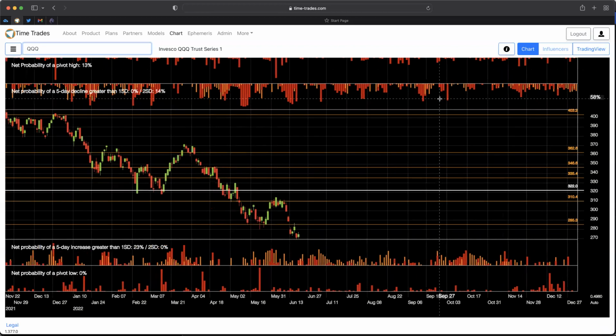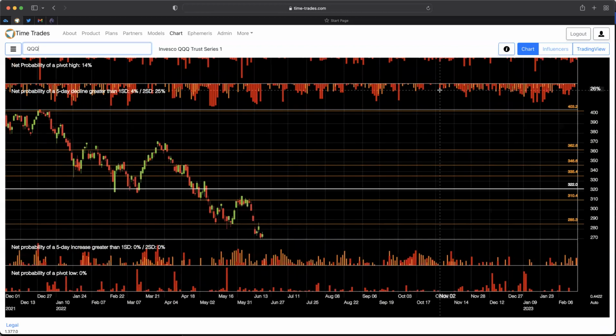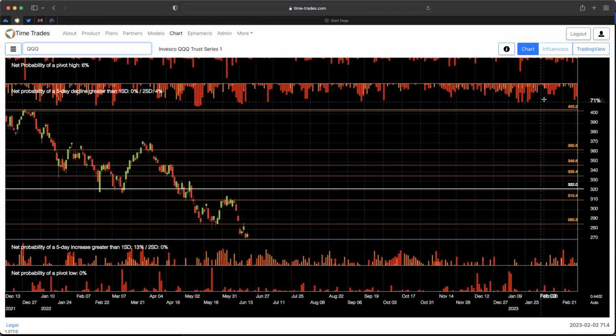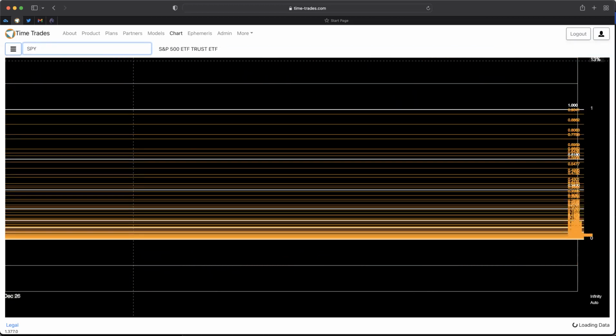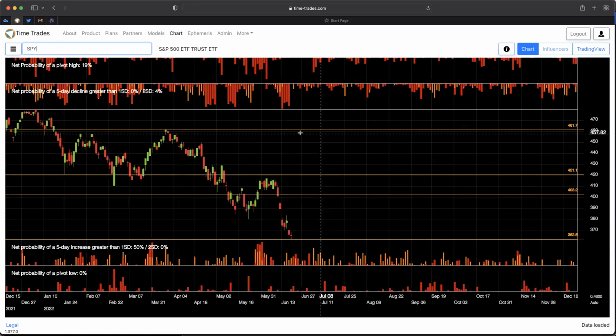And if we compress things a little bit and move even farther into the future, we can see there's a massive cluster of probabilities of move down starting in November. So again, this is a ways off, right? But it's important to understand the overall context here in the Qs. So let's take a look at some of the other indexes and see if there's alignment between them.